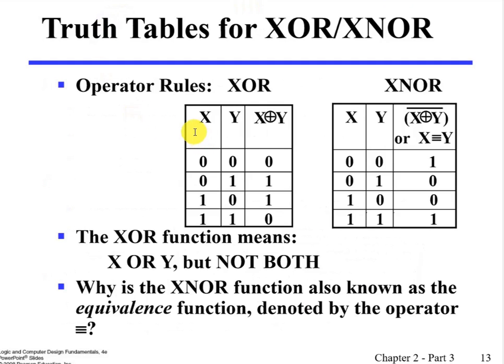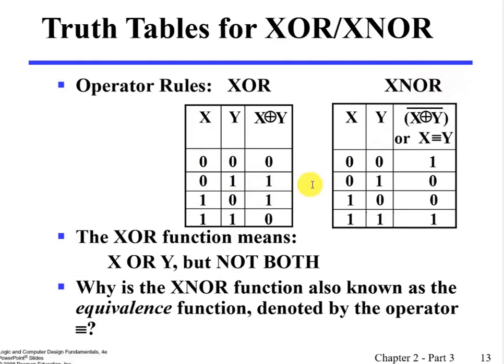We can see the truth tables for the exclusive OR and exclusive NOR Boolean functions. Here we have X and Y, and then the output of the operation: 0 0 gives 0, 0 1 gives 1, 1 0 gives 1, 1 1 gives 0. You can see that when X and Y are different, the output is 1.